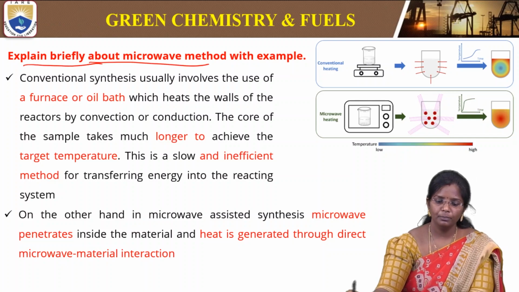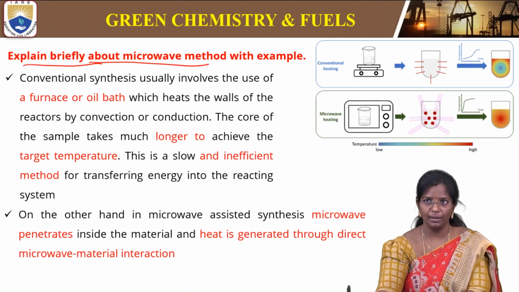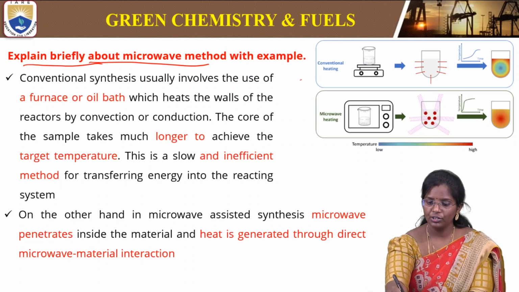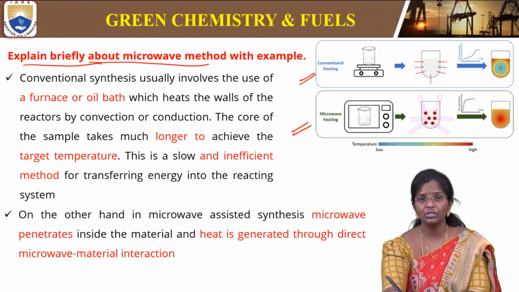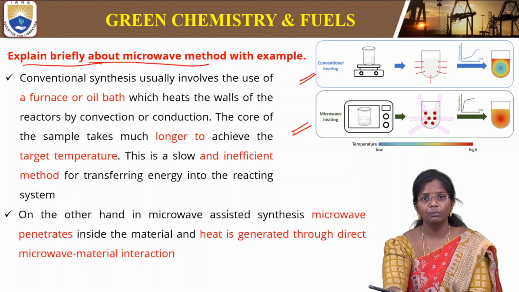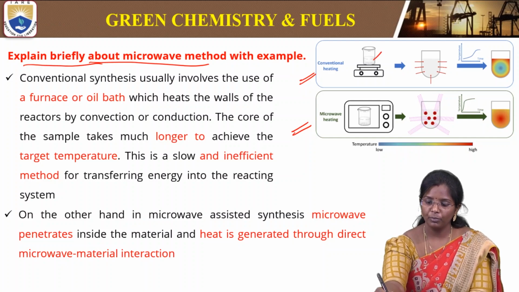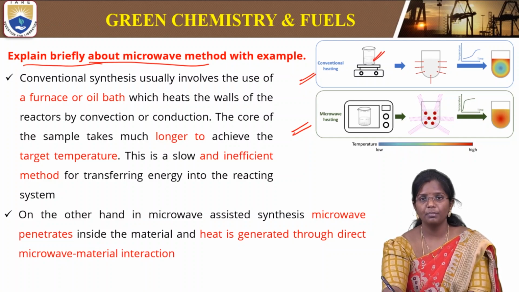Next, this is one of the long answers: explain briefly the microwave method with an example. For example, conventional heating and microwave heating. In conventional heating, we take a beaker and heat the solvent or any other material in which the reactants are present.